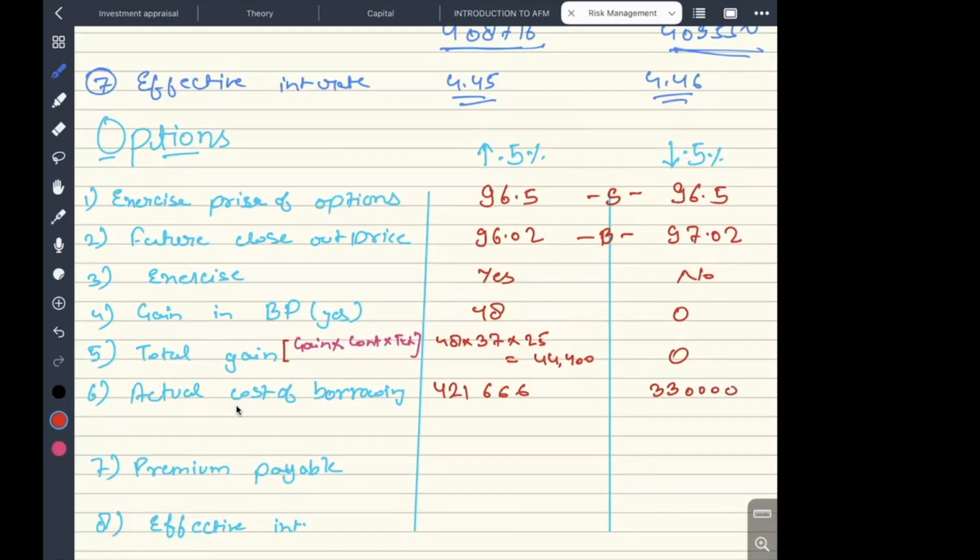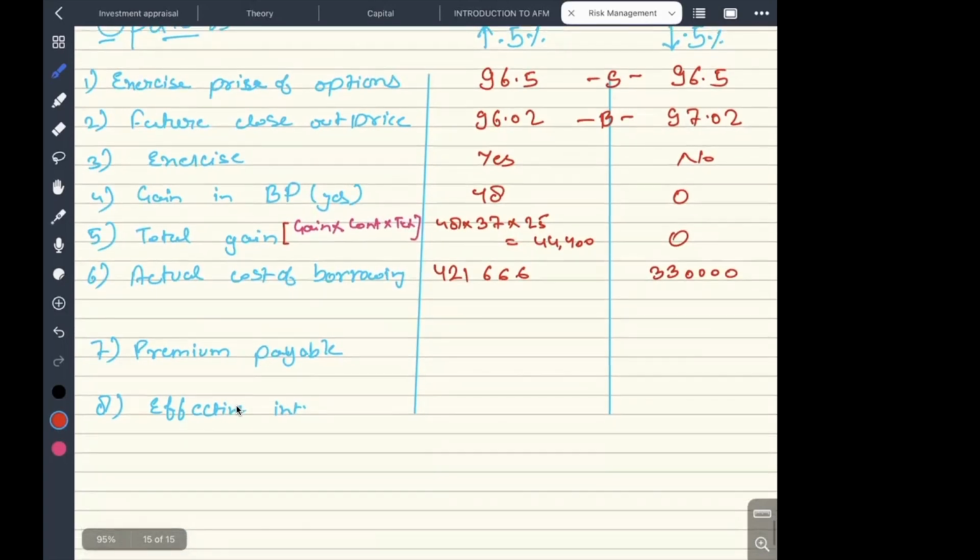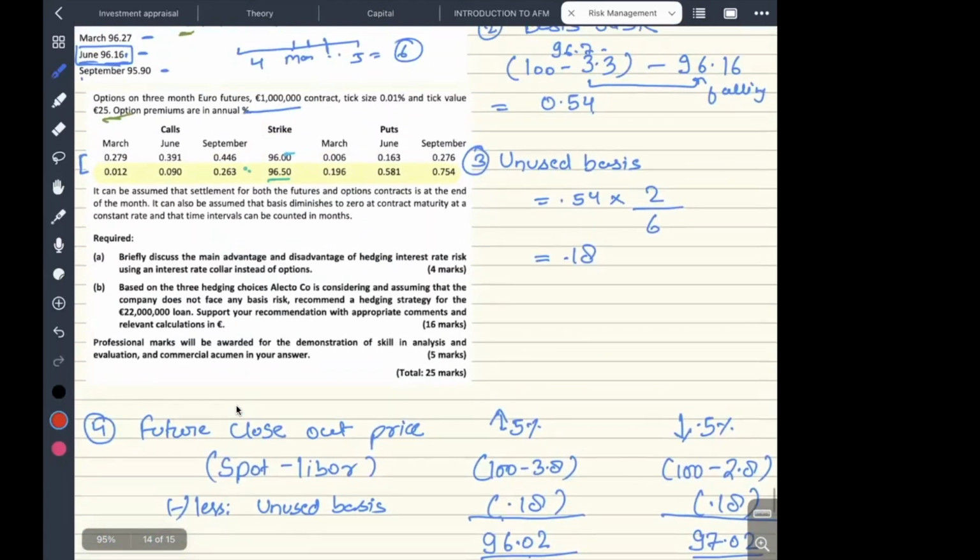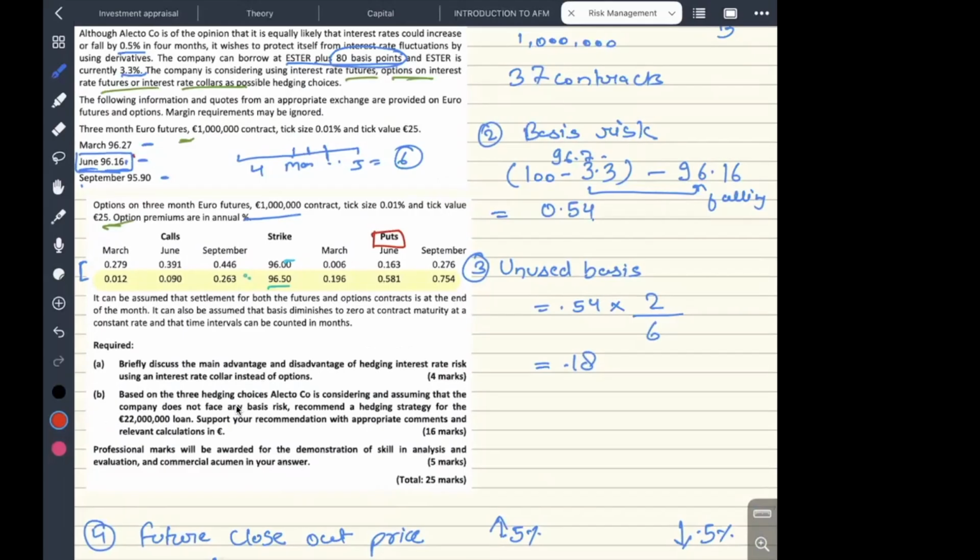Now, premium payable is something that we have to again calculate. In premium payable, beta, if you look, coming back to this part, we are borrowing, which means we are taking a put, first thing, and it is of June, so June put, second thing, and it is 96.5, so this is my premium.